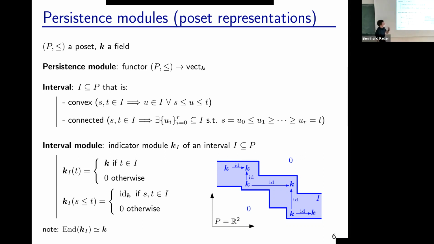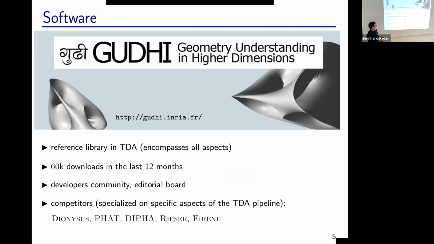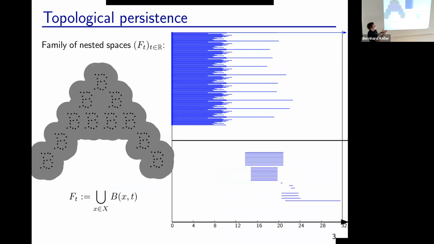It's very important for us to work with these so-called interval modules because they're really easy to represent on the computer, and we have applications in mind. We need to work with things that we can easily represent and manipulate. In particular, if you give these interval modules to a user, it can help them interpret what's going on. In the one-parameter case, the intervals are regular intervals of the real line, and it's easy for a user to interpret.